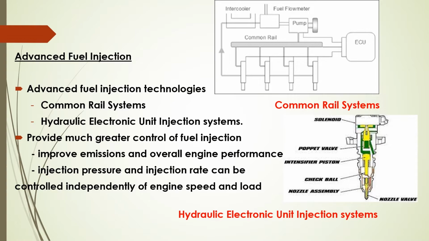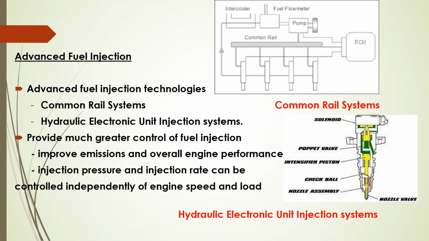Next is the advanced fuel injection. Advanced fuel injection technologies can be divided into common rail system and hydraulic electronic unit injection system. These two systems will provide much greater control of fuel injection to improve the emissions and overall engine performance.